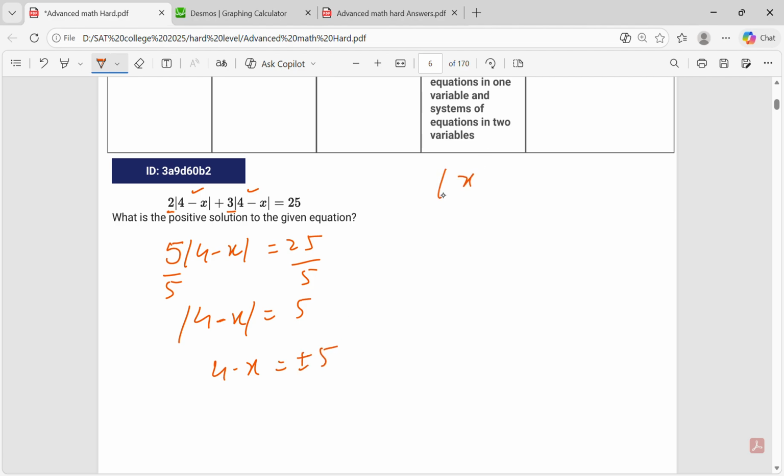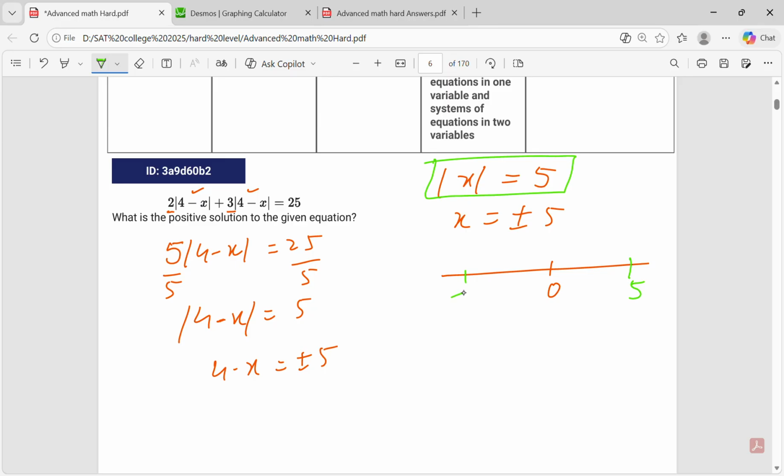Whenever you have, for example, the absolute value of x is equal to 5, it means that x is equal to plus or minus 5. Absolute value basically shows you distance. If you have a number line and this is 0, the absolute value of x shows you the distance of x from 0. So when the absolute value of x is 5, it only measures distance, which is 5.